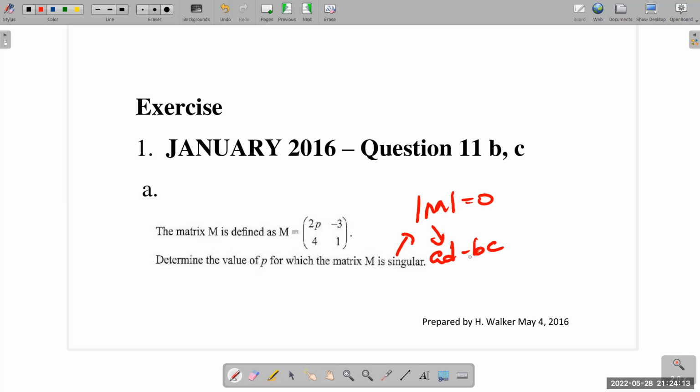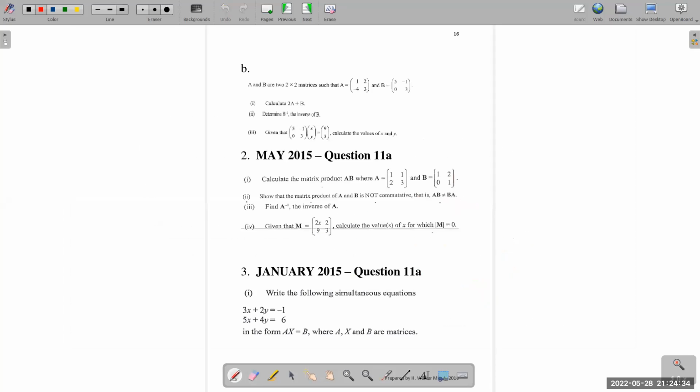So you multiply and substitute and you make this equal to 0 and then you solve for P. Everybody with me? We did an example like this before. We know what singular means, we know what to do. Even if it's a letter, we know how to solve.